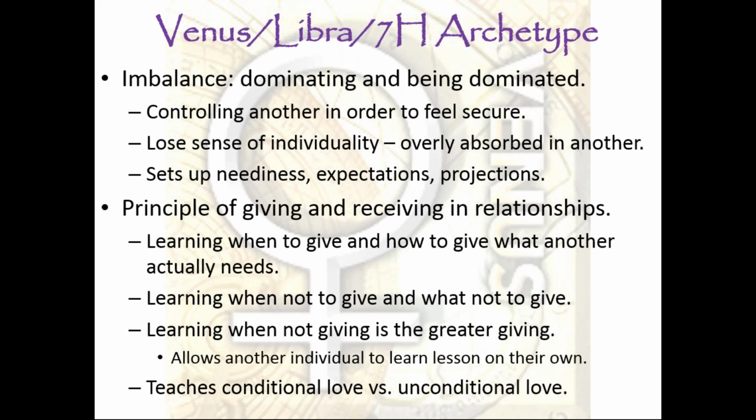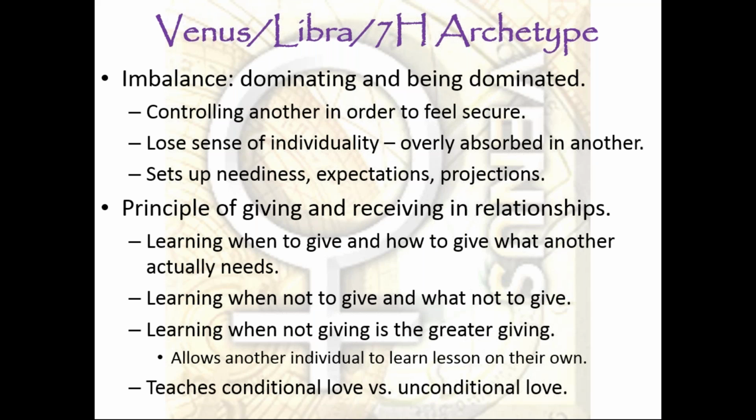The typical thing that ends up happening is one party to the relationship dominates and one party to the relationship is dominated. The one who is dominating wants to control the other person in order to feel secure.